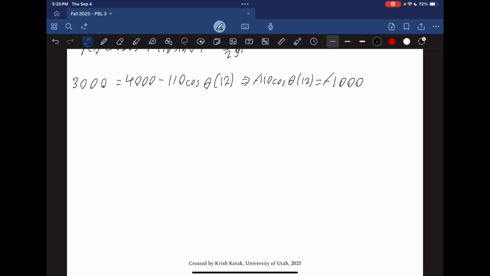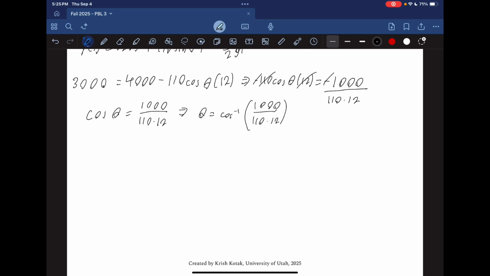Both of these negative signs are going to cancel, and then we can divide 1,000 by 110 times 12 to get rid of this 110 and this 12. So then we leave that cosine of theta equals 1,000 divided by 110 times 12. You could calculate that out if you want, but I like to leave all my calculations for the very end. So to solve for theta, we have theta equals cosine inverse of 1,000 over 110 times 12.